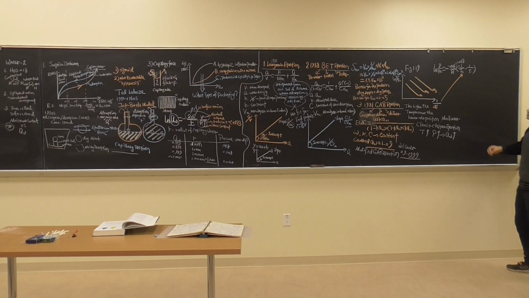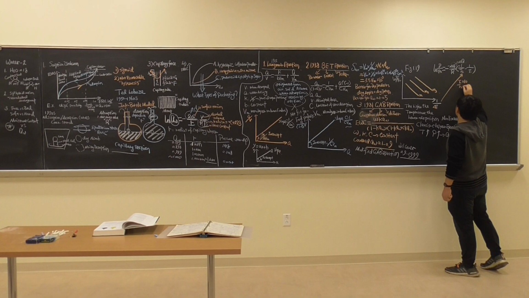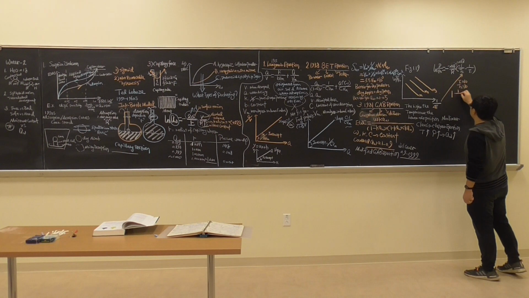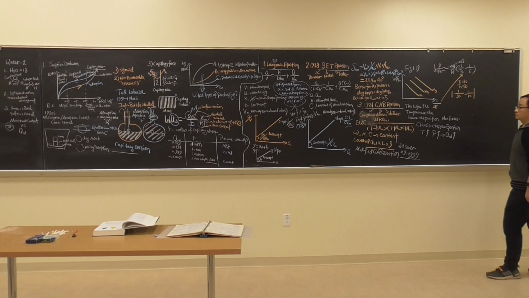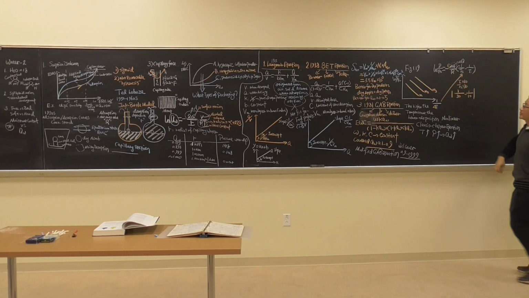Then you understand. So let me give you an example. If T1 equals 10, T2 equals 30, what you have here is 30 minus 10, the denominator is 10. Then don't forget there's a negative here. So you have to take the absolute value.